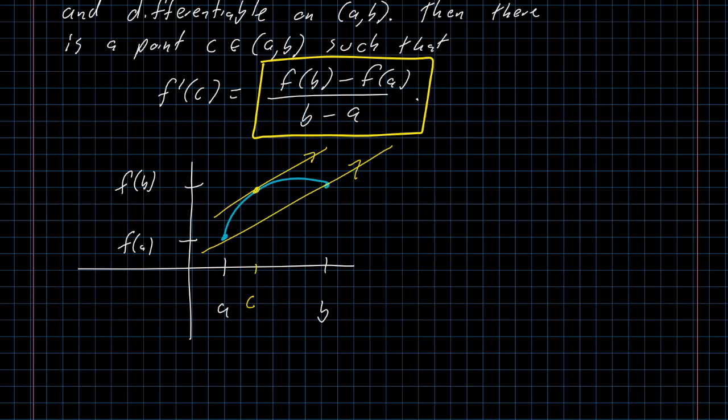All right. And what does that get us? Well, a couple of different things. First of all, I think that looking at this finally gives what we are talking about by the mean value theorem.